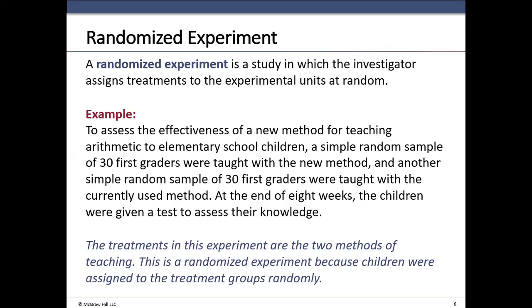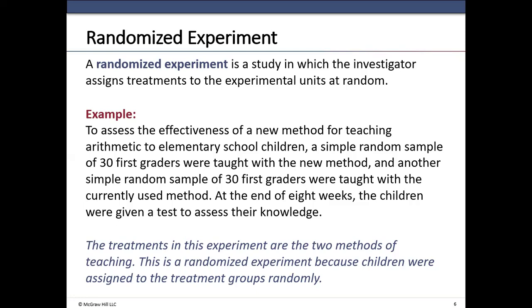Notice there are two groups, and children in these groups are randomly selected. For example, in the first group, a simple random sample of 30 first graders were taught with the new method. And then another simple random sample of 30 first graders were taught with the currently used method. Okay, so there are two groups.